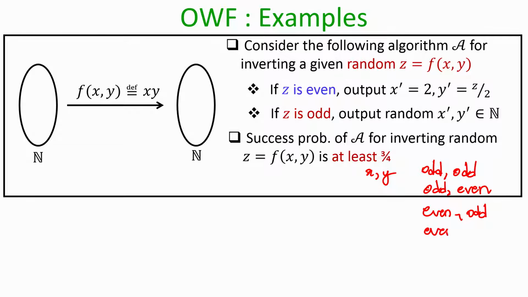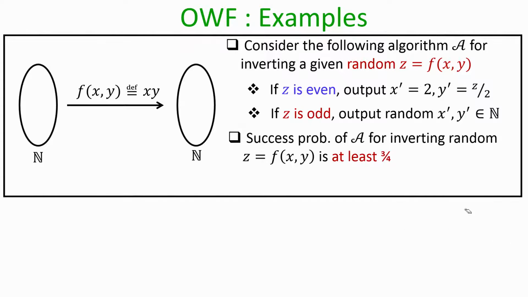Out of these 4 combinations, for 3 of them your z will always be even, and if z is even, then the inversion algorithm, namely outputting 2 and z by 2 as the possible pre-image, is successful. The only problematic case is when the sample x comma y is an odd comma odd pair, in which case your z will not be an even number, and you might be outputting an incorrect x dash comma y dash. So in 3/4 of the instances, this algorithm will be able to successfully invert the given value z.